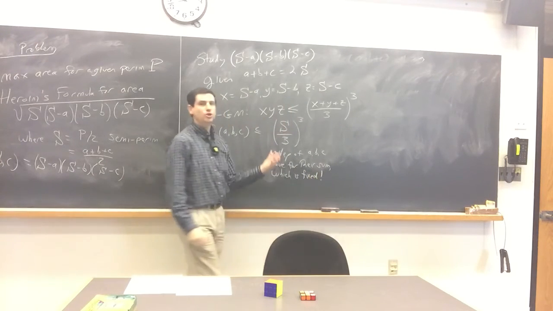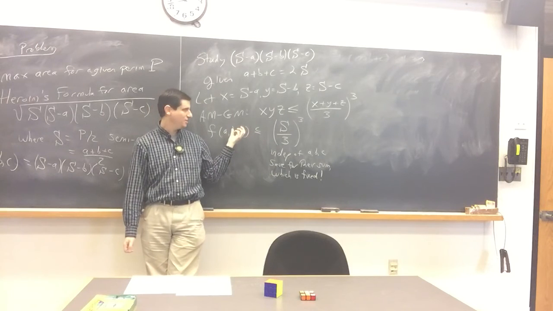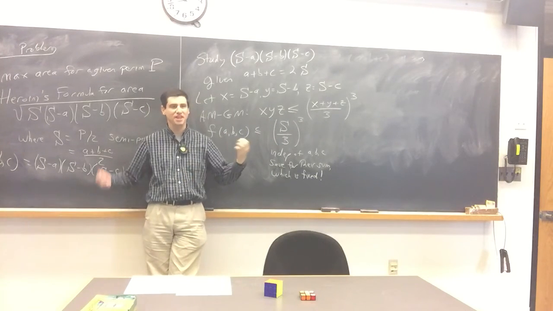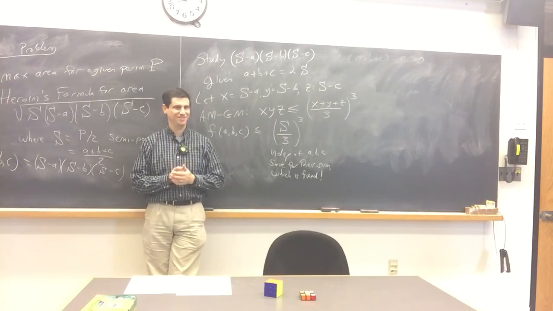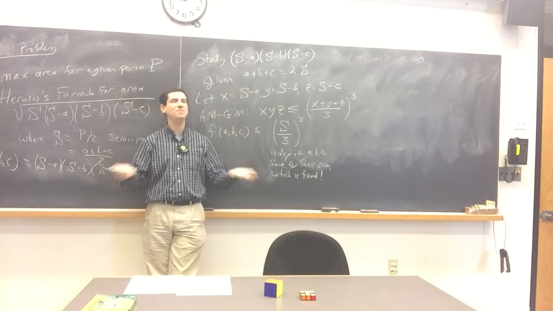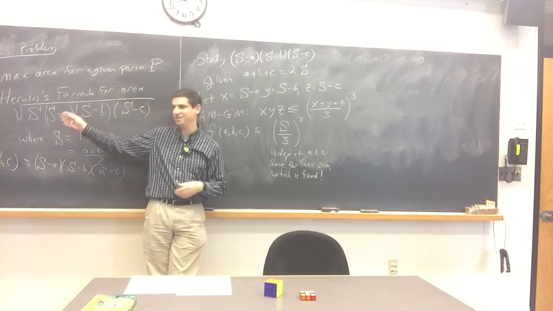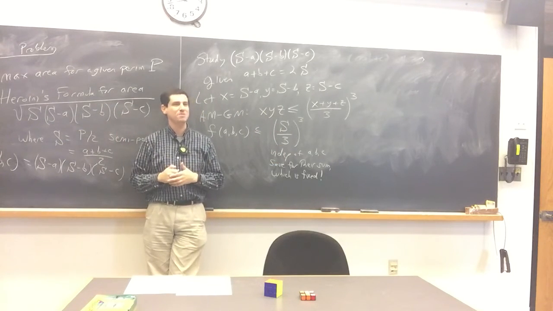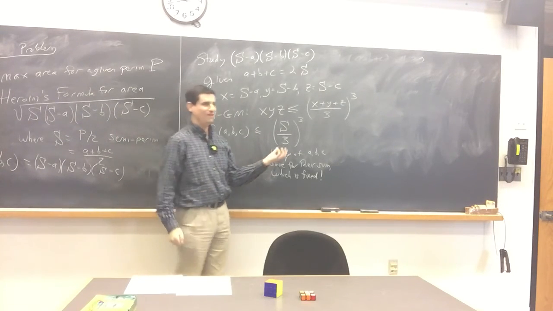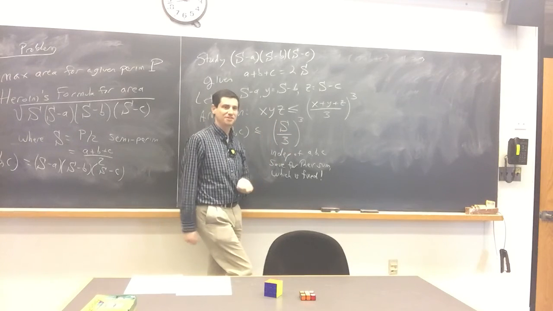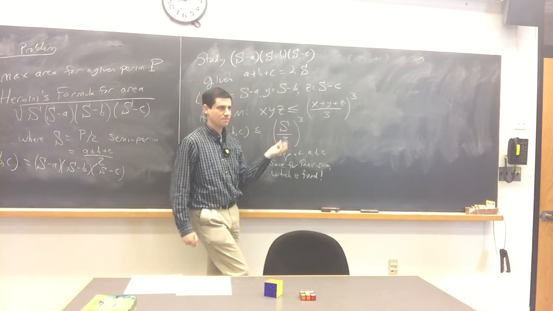So what we've shown is no matter what triangle you take, the area cannot be larger than (s over 3) cubed. So if we happen to find a triangle whose area is (s over 3) cubed, or, well, not area, I guess, this is the friendly amendment to the area, if we find something like that, we win. Right? You can't do better than this.